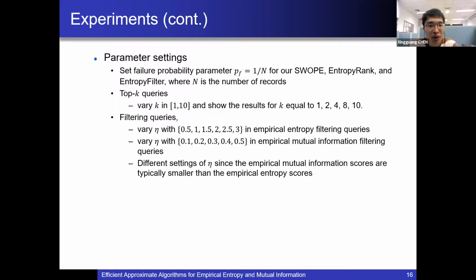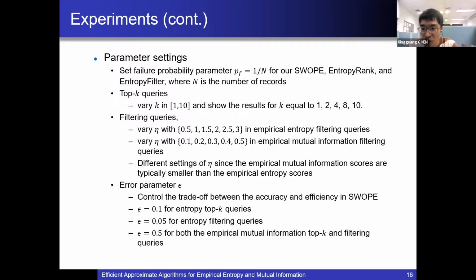For filtering queries, we vary eta in empirical entropy filtering queries as follows. And we vary eta with 0.1, 0.2, 0.3, 0.4, 0.5 in empirical mutual information filtering queries. We use different settings of eta since the empirical mutual information scores are typically smaller than the empirical entropy scores.